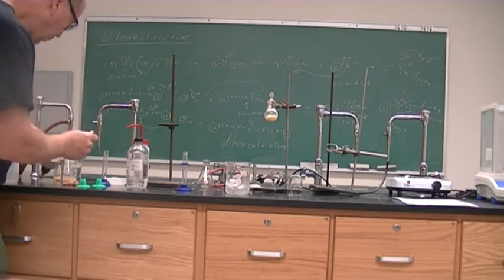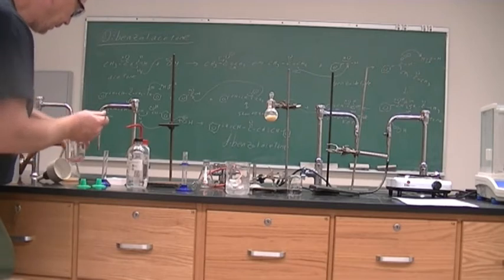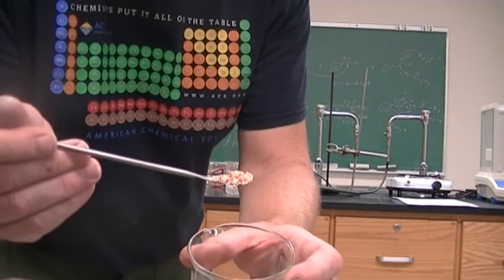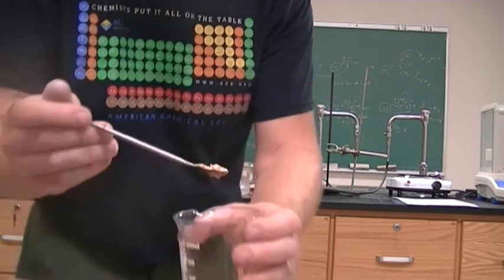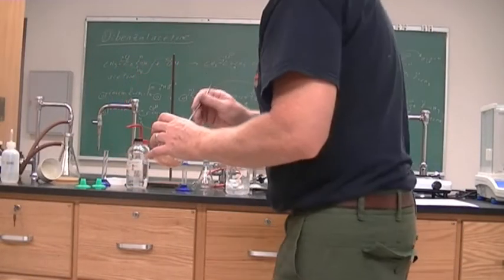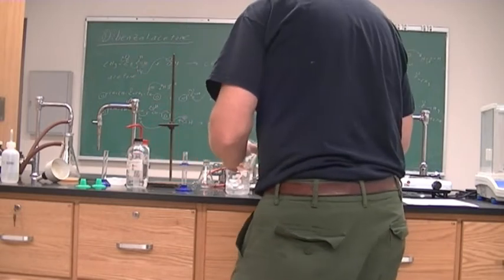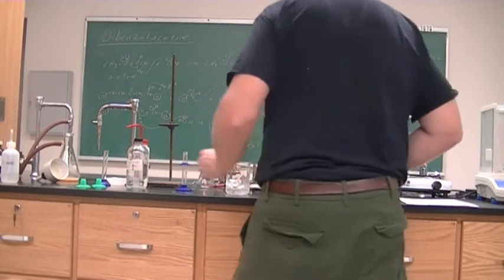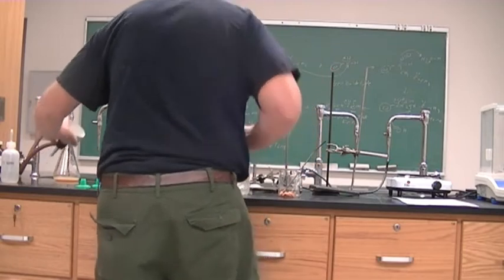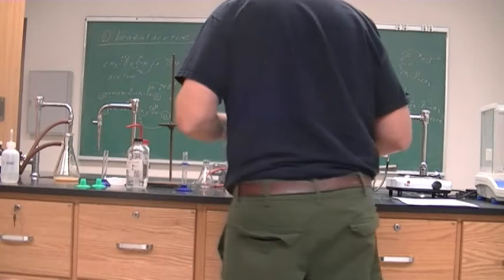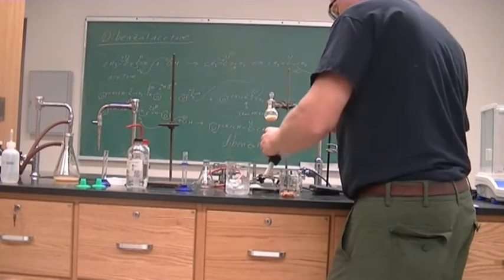Alright, so you can see that in this product, you've got some of the orange product and some of the yellow product. So it's an interesting mixture. Alright, so I have my solid in here.